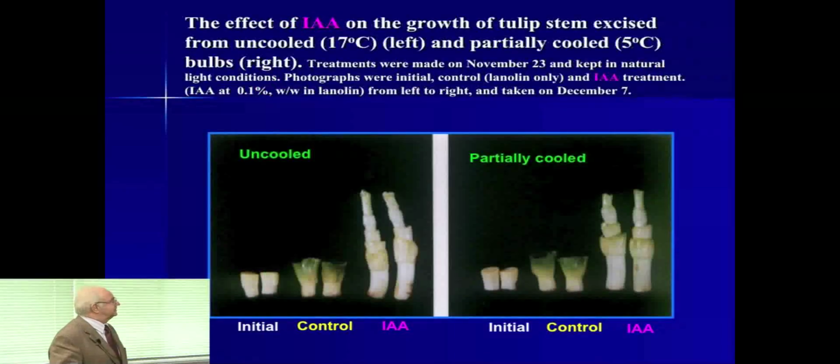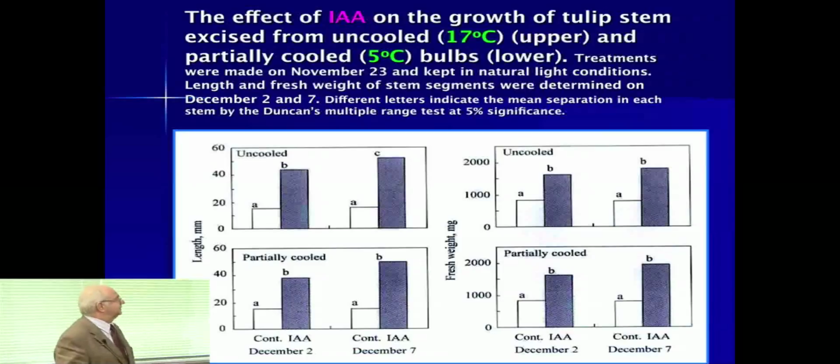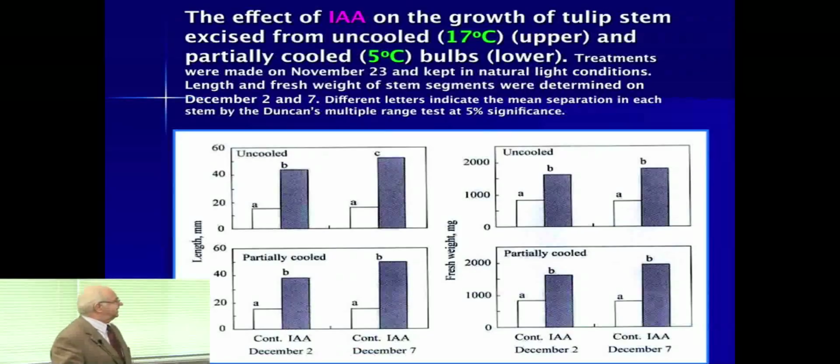Next stage, we used partially cooled tulip bulbs and uncooled ones. In that case, the experiment was made on November 23. We have the control at the initial stage. We have a stimulatory effect, both in uncooled and cooled tulip bulbs. Next is a diagram of the same data.